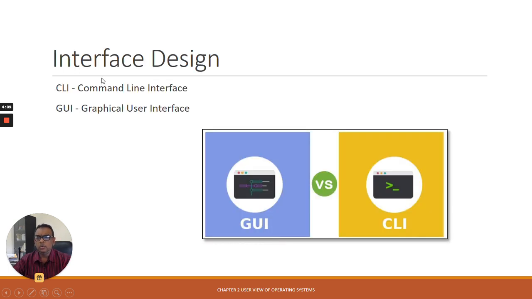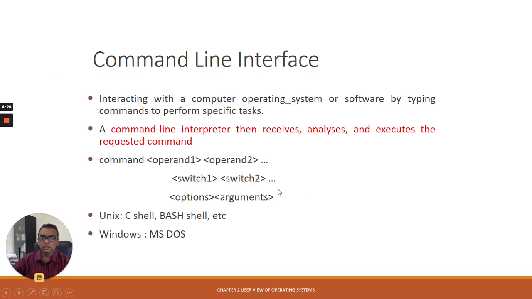Okay, so again, there are two types of user interface which we're going to cover: graphical user interface and the command line interface. In the command line interface, you need to understand certain commands.